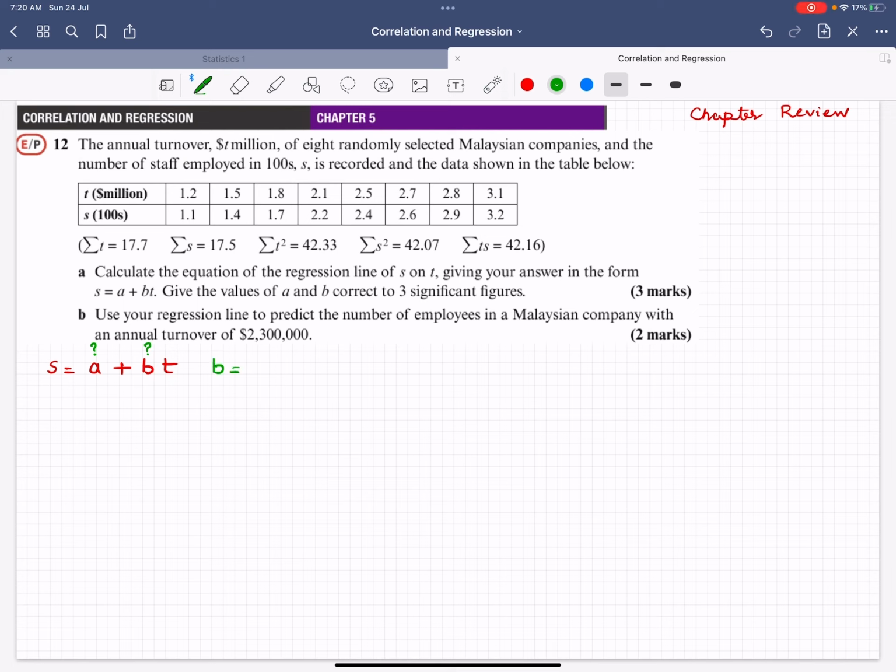B is equal to STS divided by STT. So let's write the formula for STS.